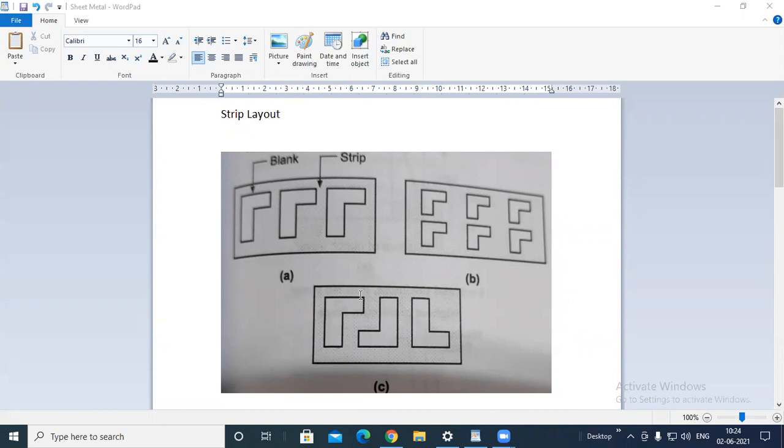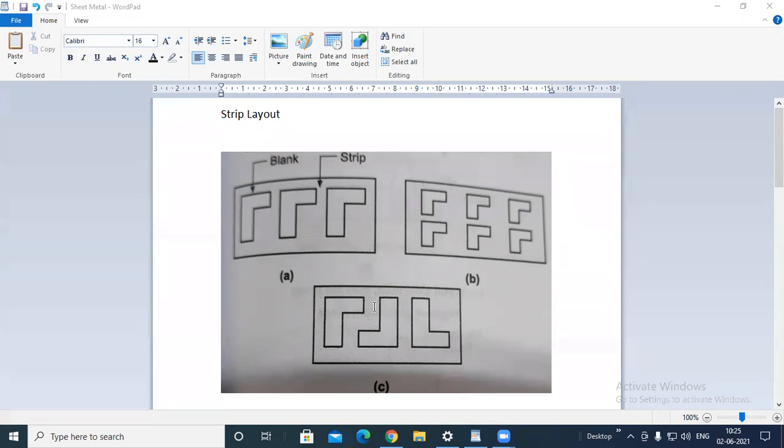Whatever the distance is, it depends on the thickness of the metal strip, and it increases with increase in thickness, because it prevents the strip from twisting and wedging between punch and die. So there are some thumb rules regarding the strip layout design.